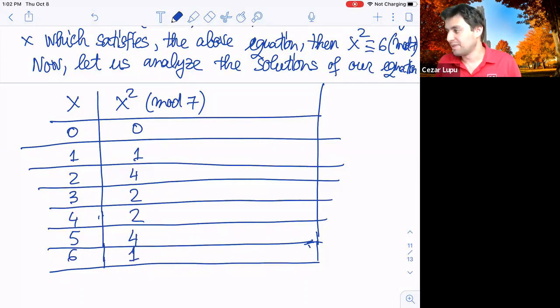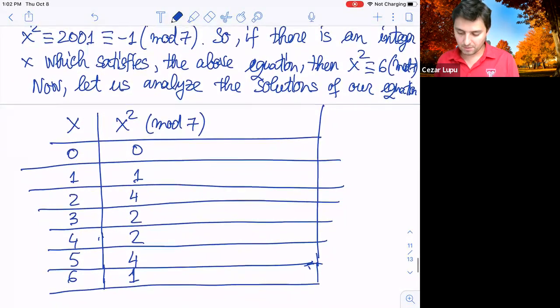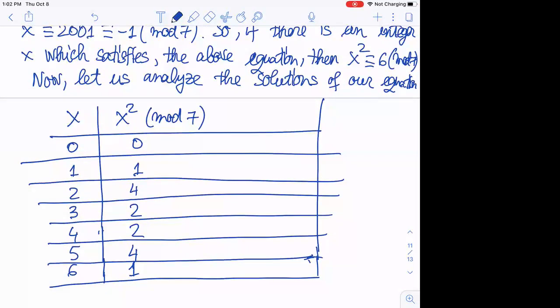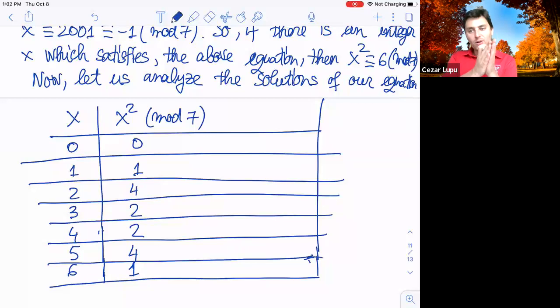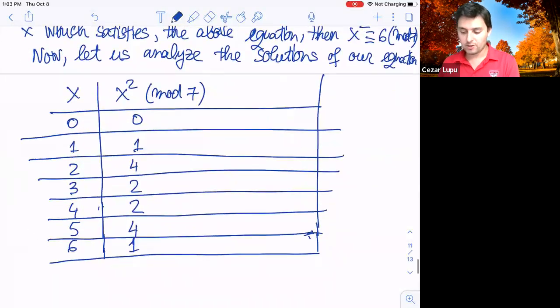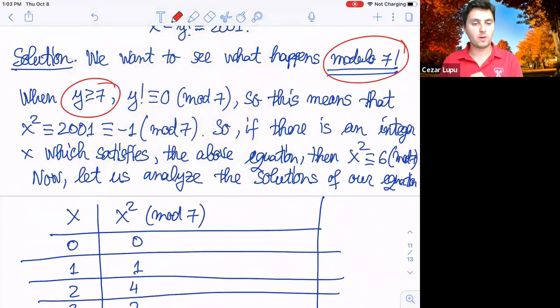So what does this mean? Do you see any 6 there? No. Not quite. So I looked at the case when y is greater or equal than 7, and everything I obtained is a contradiction.